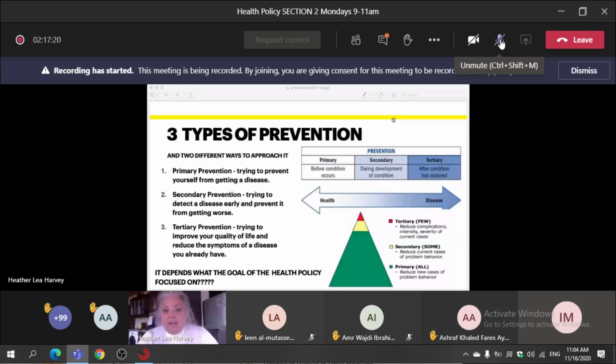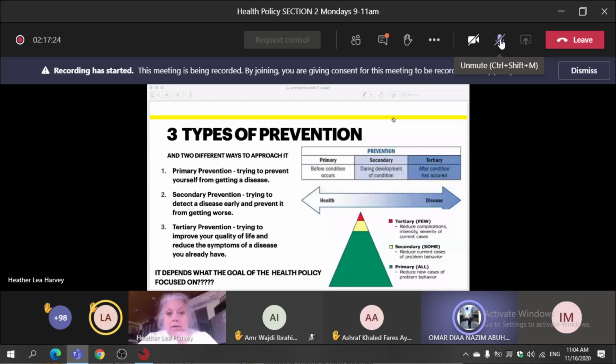Doctor, we said that chemotherapy is a secondary prevention. Isn't it a tertiary prevention? Because we do chemotherapy after the cancer occurs, not while it is developing. Chemotherapy is used to treat cancer the same way radiation is used to treat cancer. So no, it's still secondary.